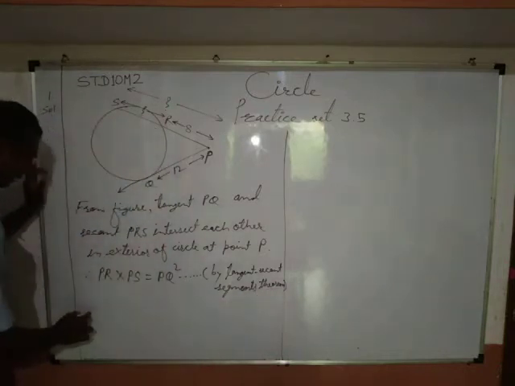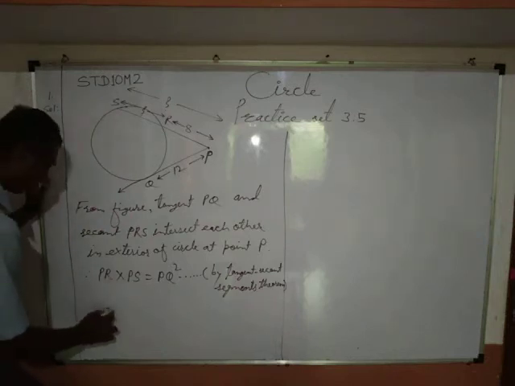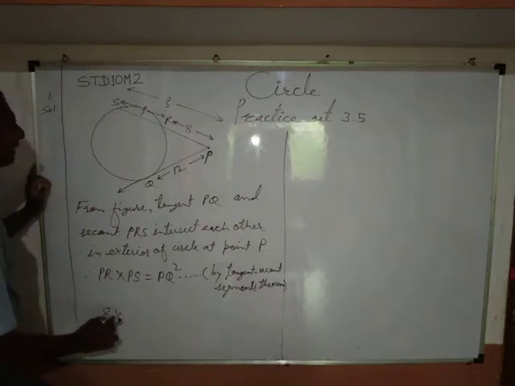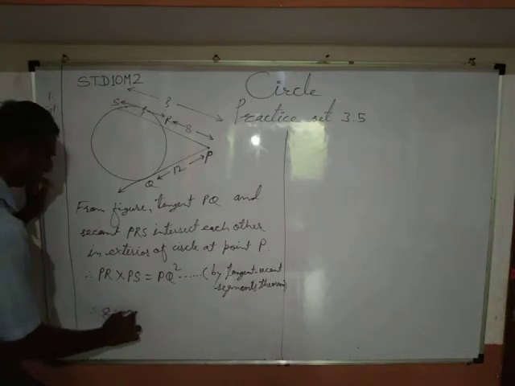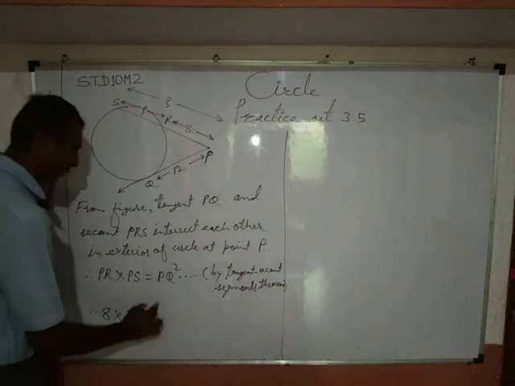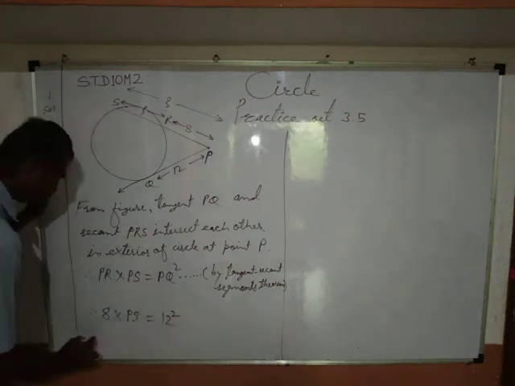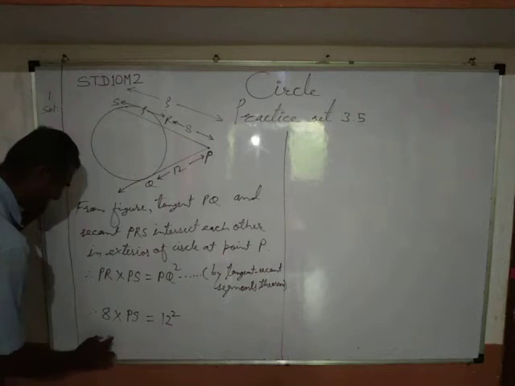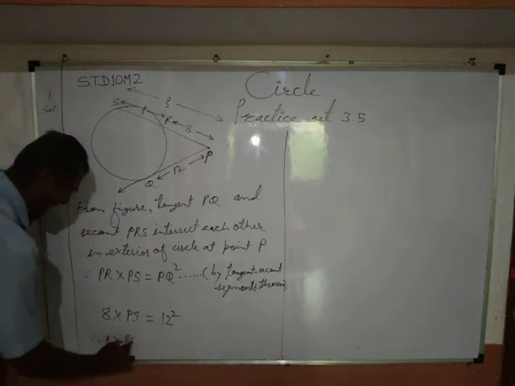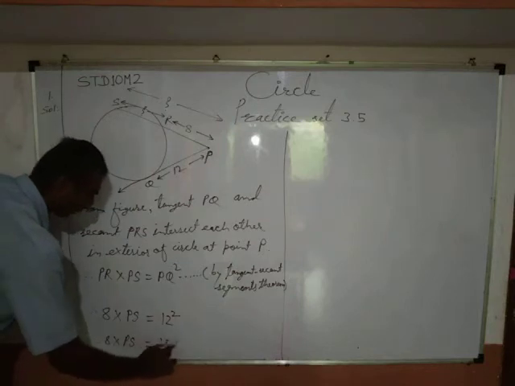Therefore, let's put known values. PR we know, which is 8, into PS. We don't know the value of PS. Equals PQ, which is 12. Here PQ square means 12 square, and therefore 8 into PS equals the square of 12, which is 144.